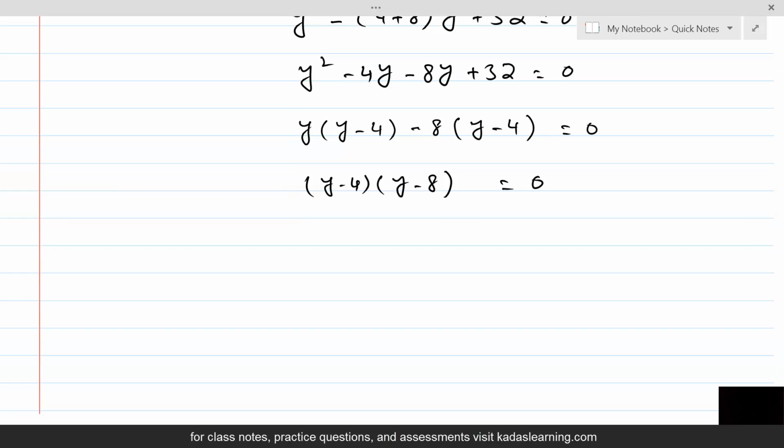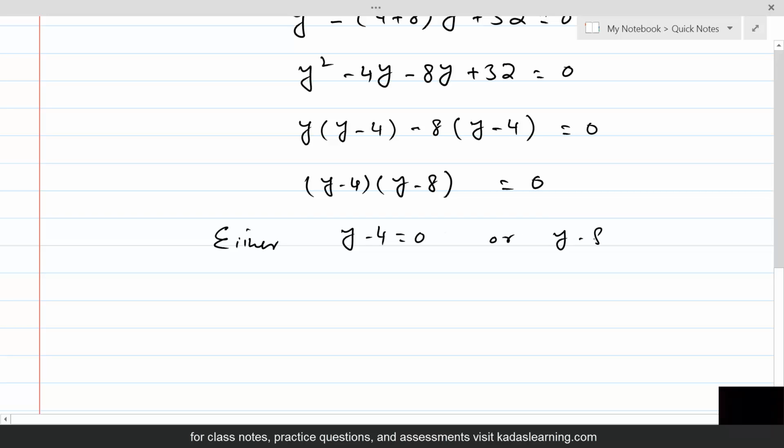Since the product of two factors is equal to 0, either y minus 4 is equal to 0 or y minus 8 is equal to 0. So here y is equal to 4 and on this side y is equal to 8.